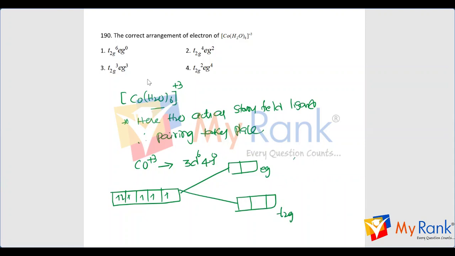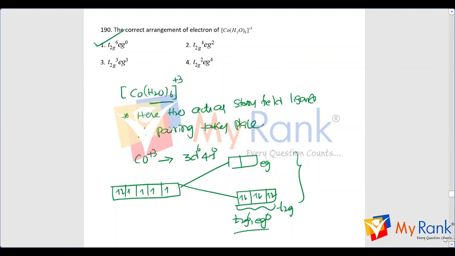With a strong field ligand, pairing takes place. Actually, H2O is a weak field ligand, but here it acts as a strong field ligand. So the first electron, second, third, fourth, fifth, sixth electron go in, and therefore the configuration is t2g6 eg0, which is the correct option. This is the exceptional case: H2O is basically a weak field ligand, but with cobalt +3, H2O acts as a strong field ligand and pairing takes place.